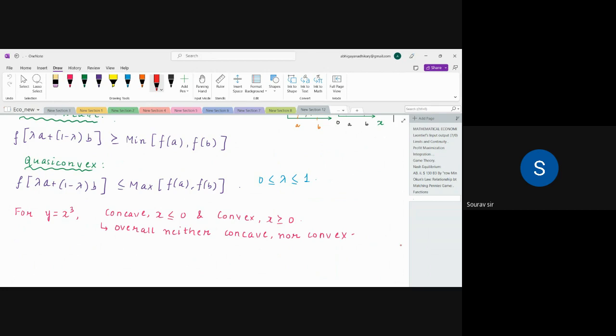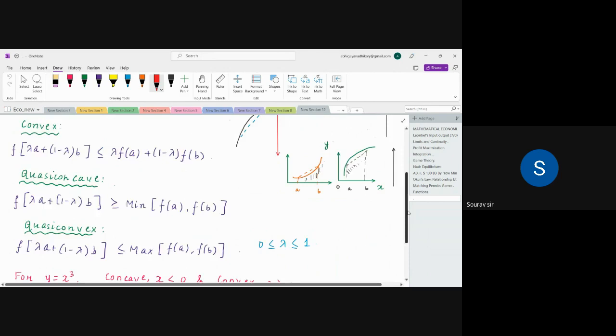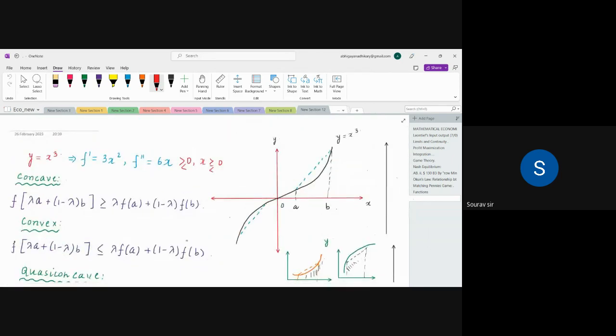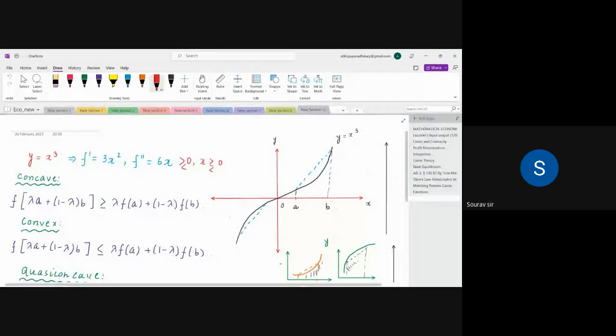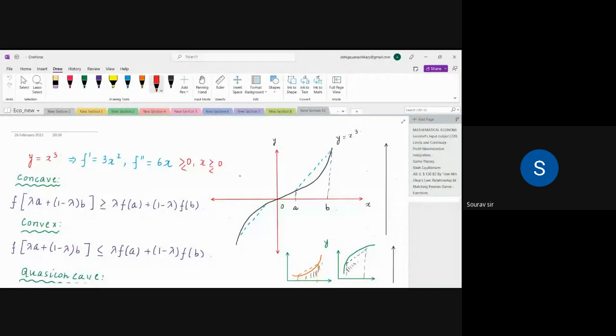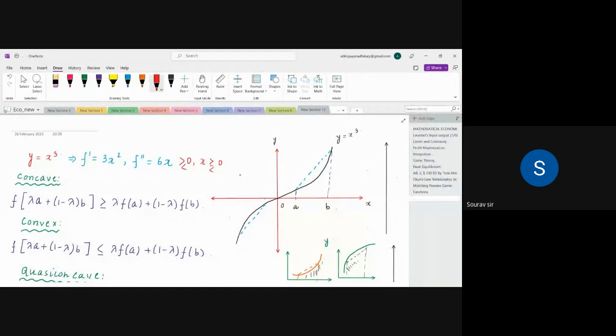Now we need to check for quasi-concavity and quasi-convexity separately, because had it been convex and concave, quasi-concavity and quasi-convexity would have been automatically implied. But since it is neither, we need to check for that as well. So let me name these 2 points as well.